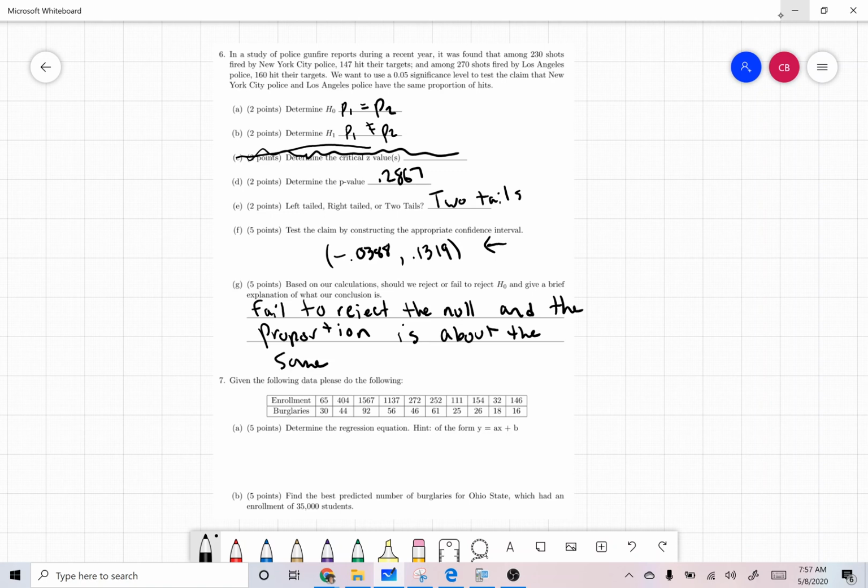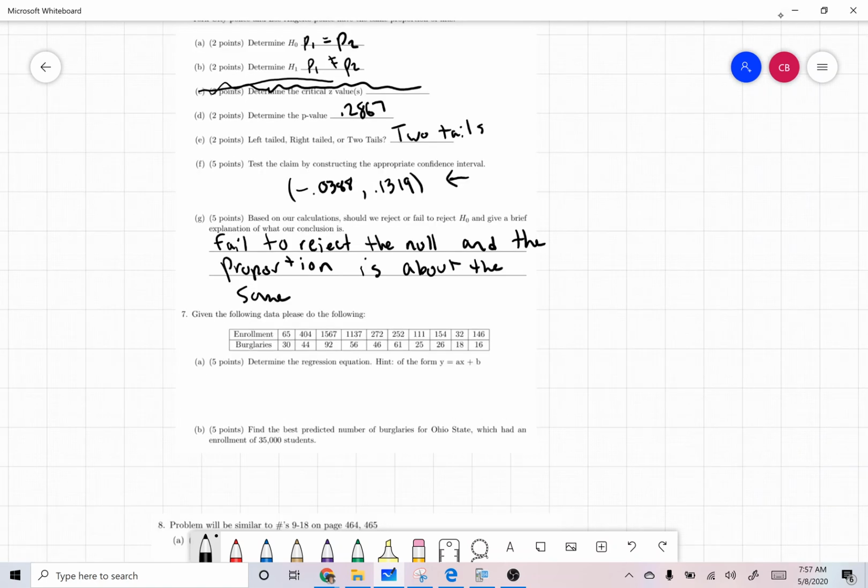Obviously we're saying it's about the same because we tested if they're different. So that's the alternative. To answer the real question, do they have the same? Yeah, they do have the same, and that's found in H naught in this case, since H1, the alternative, is that they're not equal.